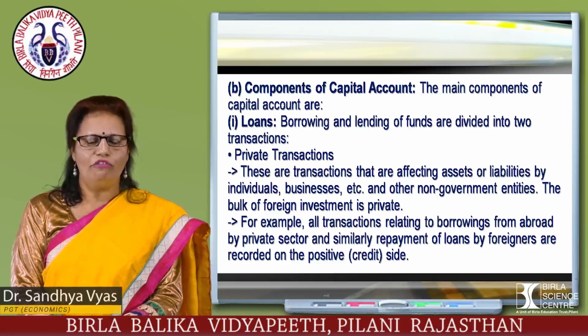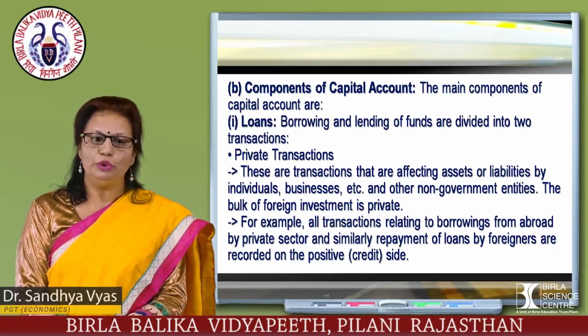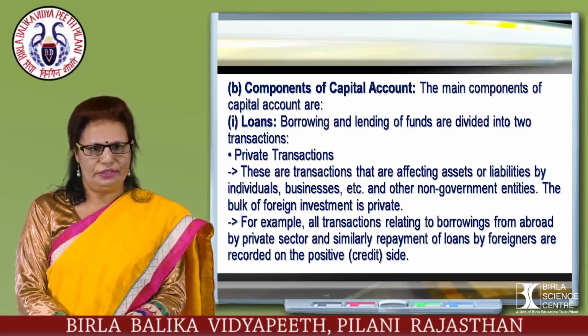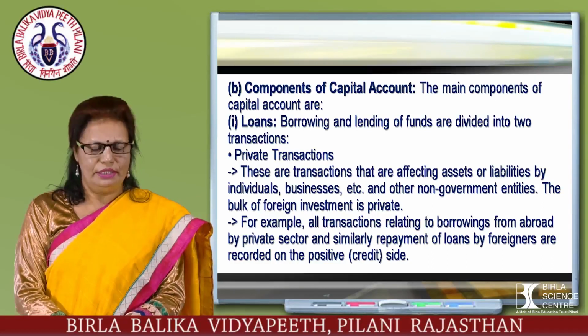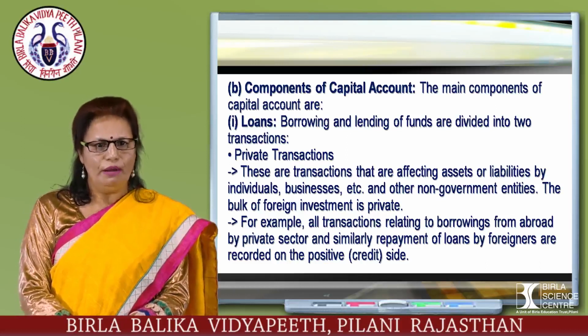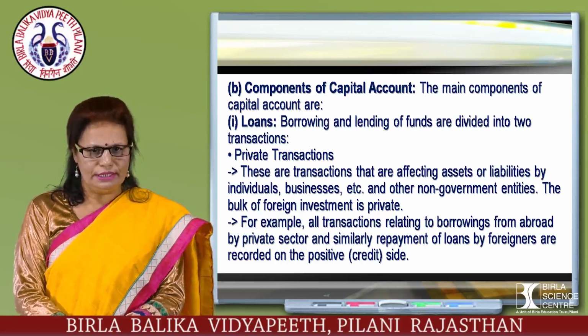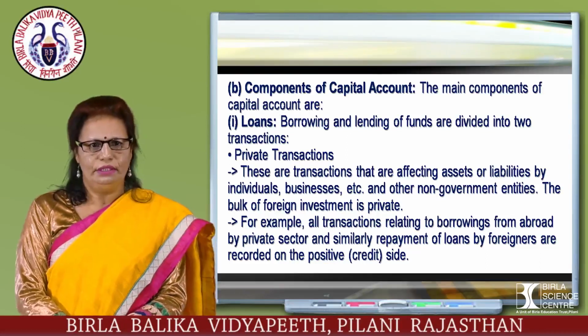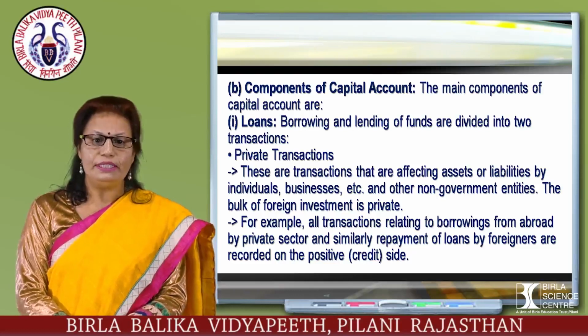Borrowing and lending of funds are divided into two types of transactions. First is private transactions. These are the transactions that affect assets or liabilities of individuals, businesses, and other non-government entities. The bulk of the foreign investment is private.